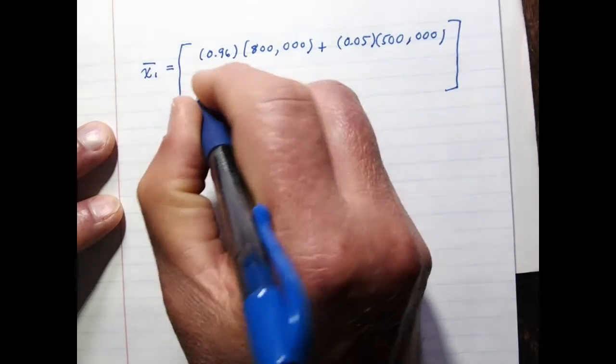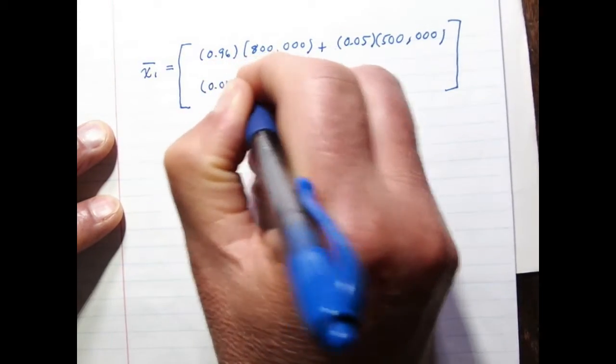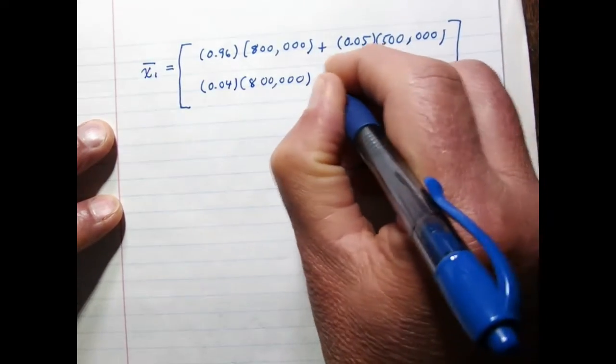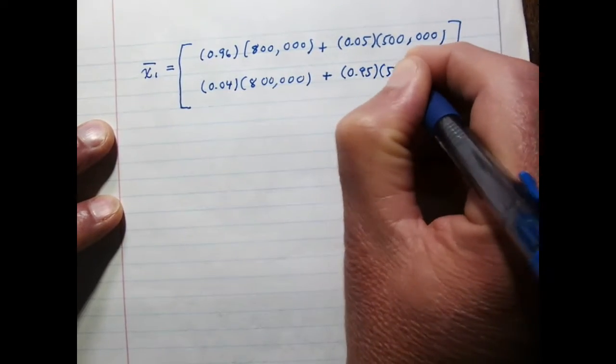The second entry is going to be 0.04 times 800,000 plus 0.95 times 500,000.